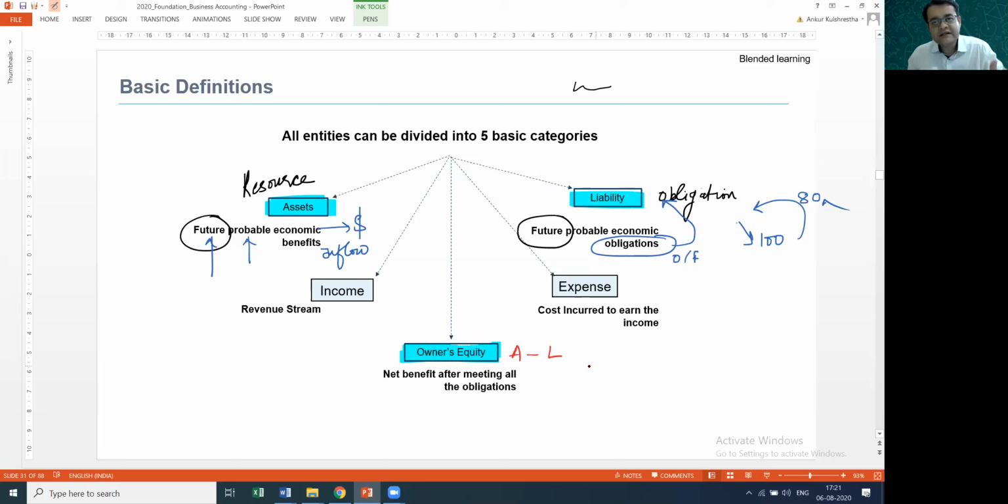So in the priority sequence, they are second. So the different names of this owner's equity, we call sometimes them as capital, sometimes as net asset, typically A minus L. Sometimes we call them also as net worth. In any case, it's assets minus liabilities.